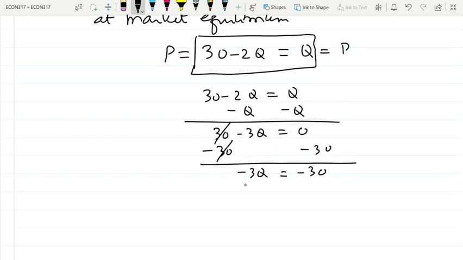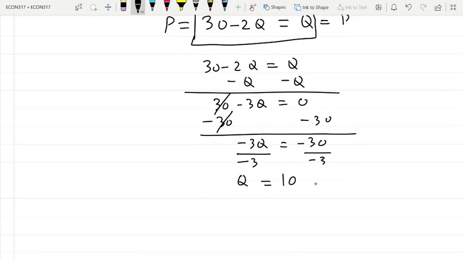I will divide both sides by negative 3 to obtain Q on the left, and minus 30 over minus 3 is 10. So quantity is 10. Assume the unit for quantity to be pounds.